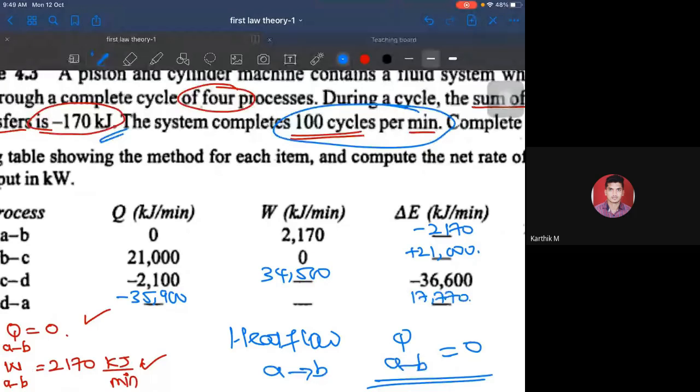Okay, since Q of D to A is known and the change in internal energy from D to A is known, I think you can calculate W D to A by applying the first law for the process D to A. Can you do it?